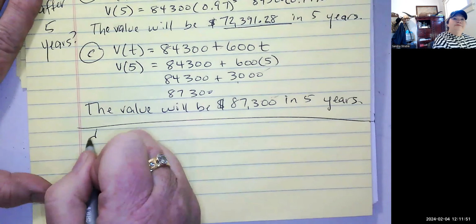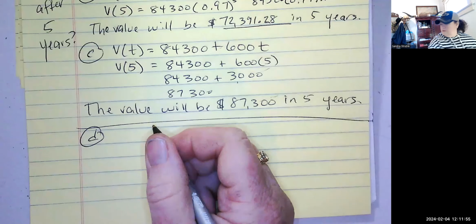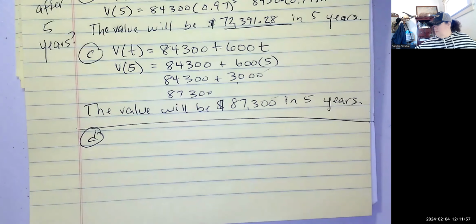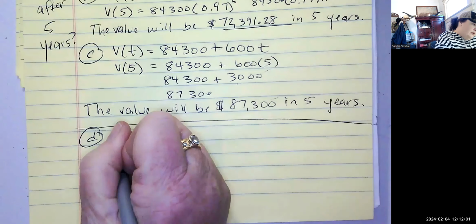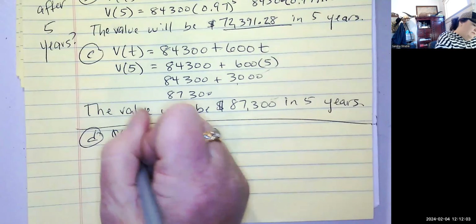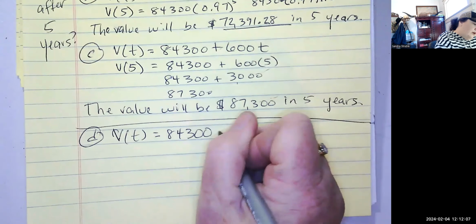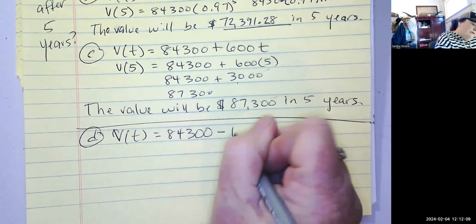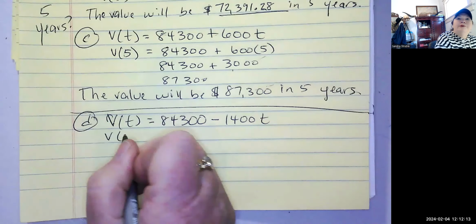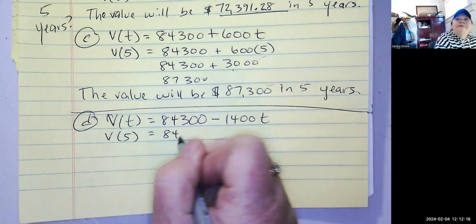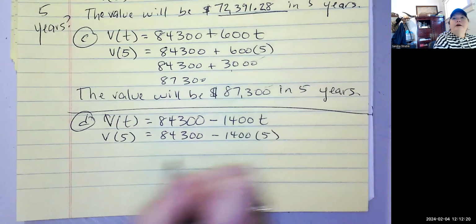Let's go to D. D was like f of x. So, it's V of T. V of T is equal to 84,300. This one was linear as well. And it was decreasing at $1,400 per year. So we have to find out what the value is in 5 years. 1,400 times 5.